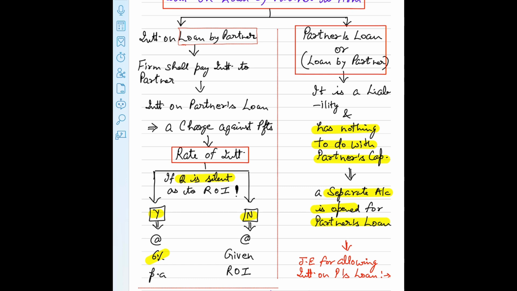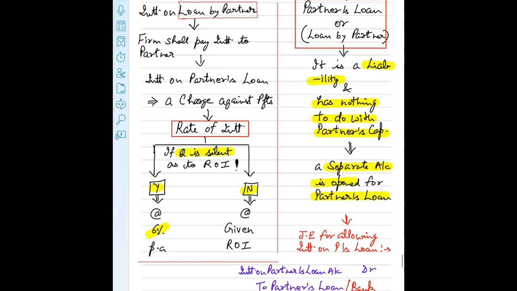Thereafter, we discussed partner's loan or loan by partner to the firm. It is a liability for the firm. It will sit on the liability side of the balance sheet until paid, and has nothing to do with partners' capital. A separate account is opened for partners' loan account.